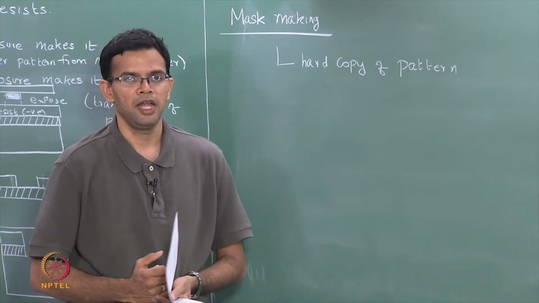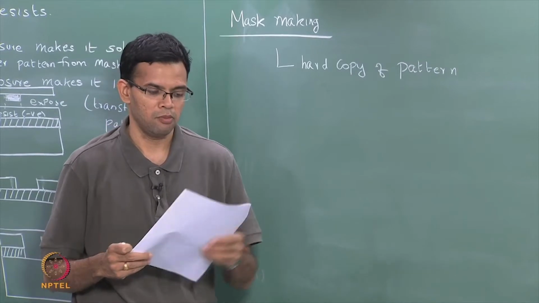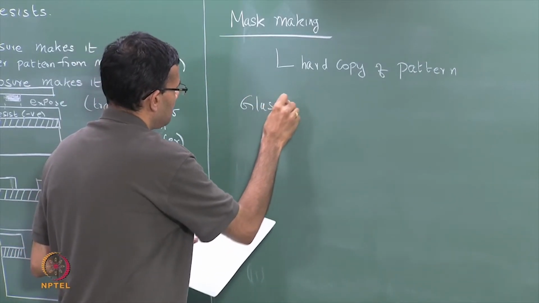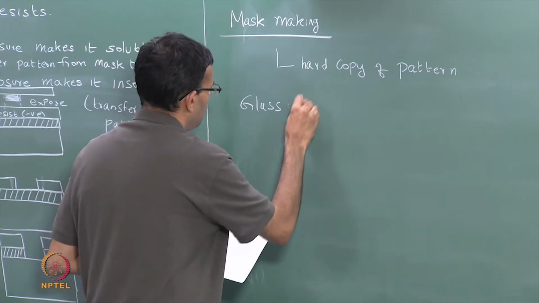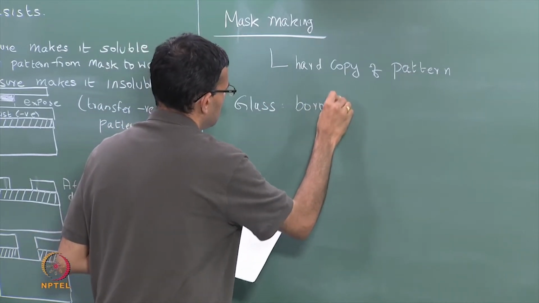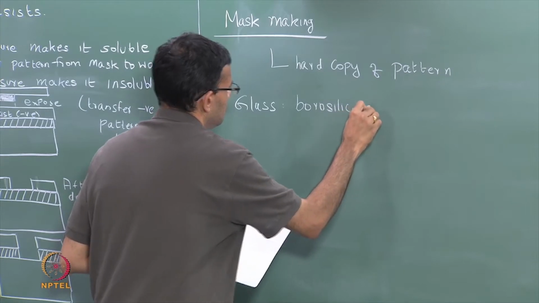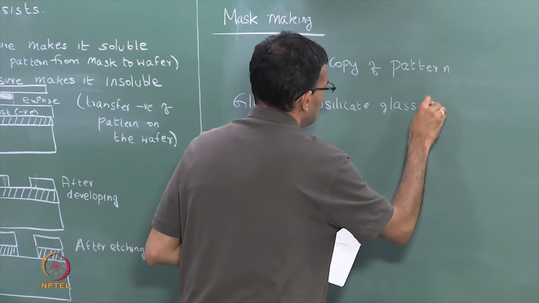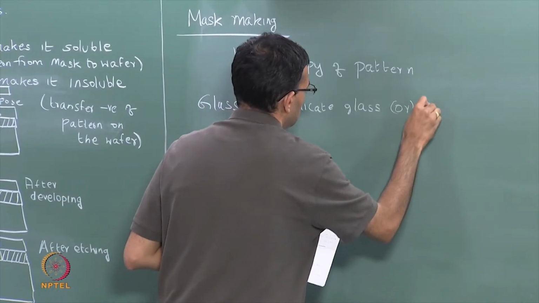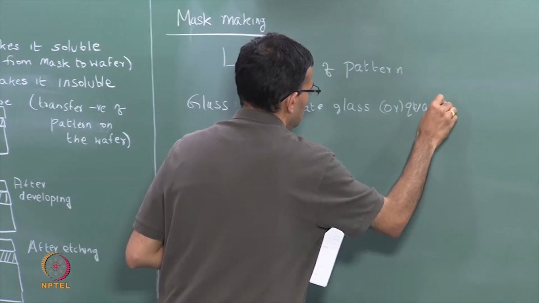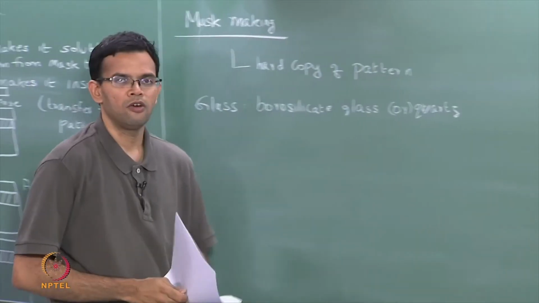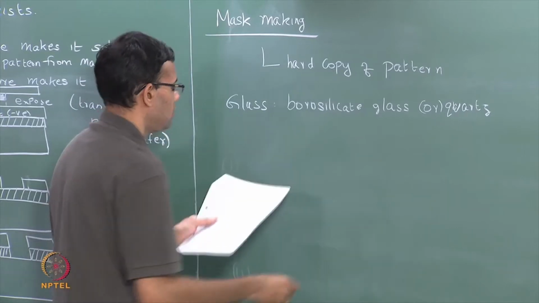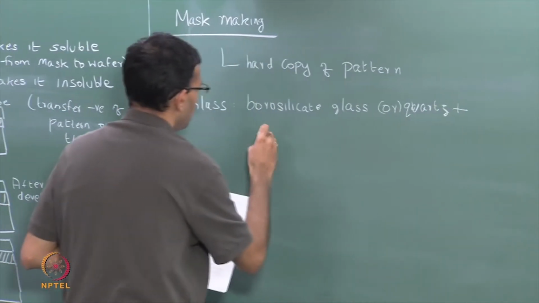Usually a mask is made out of some sort of glass, borosilicate or quartz. So the base material is glass, it would be a borosilicate glass, or quartz. A layer of chromium is sputter deposited on top of this glass.